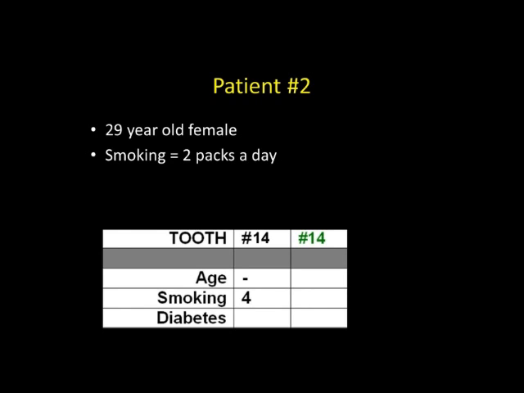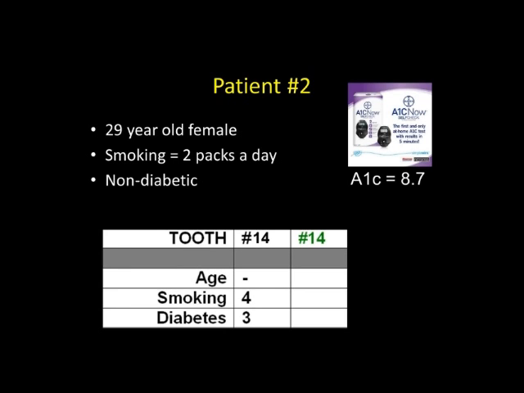Then, as I pointed out earlier, I would suggest the patient have an A1C done in the office, because they say they're non-diabetic. By doing the A1C, the score is an 8.7, which indicates that the patient is probably diabetic.